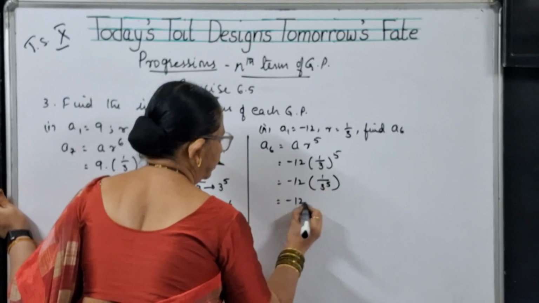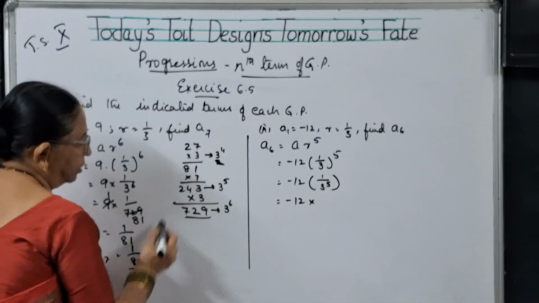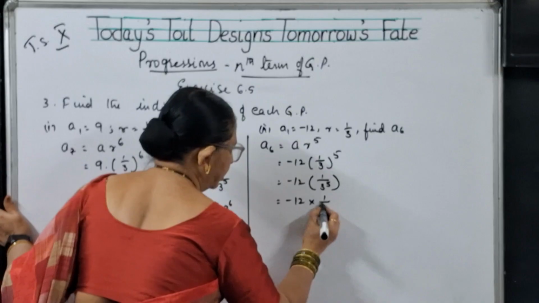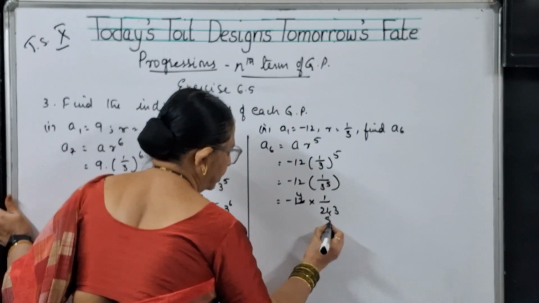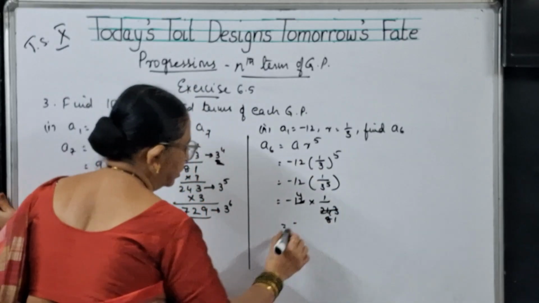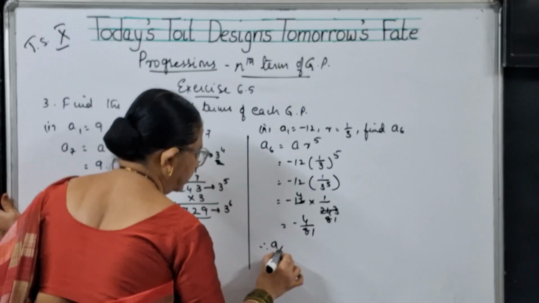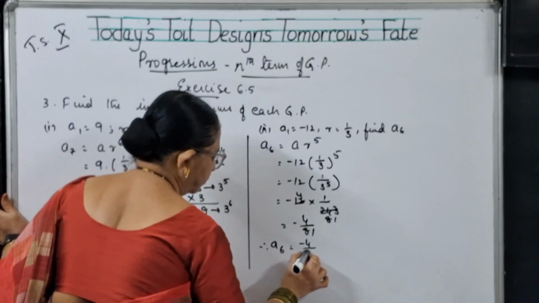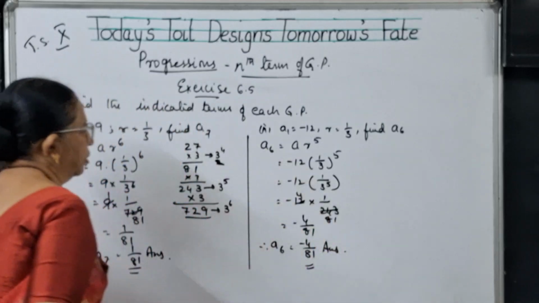See children, 3 to the power of 5 I got here is 243. So 1 by 243. So 3 fours are 12, 3 eights are 24, 3 ones are 3. It cannot be simplified further, minus 4 by 81. So A6 is equal to minus 4 by 81 is the answer for this problem, children.